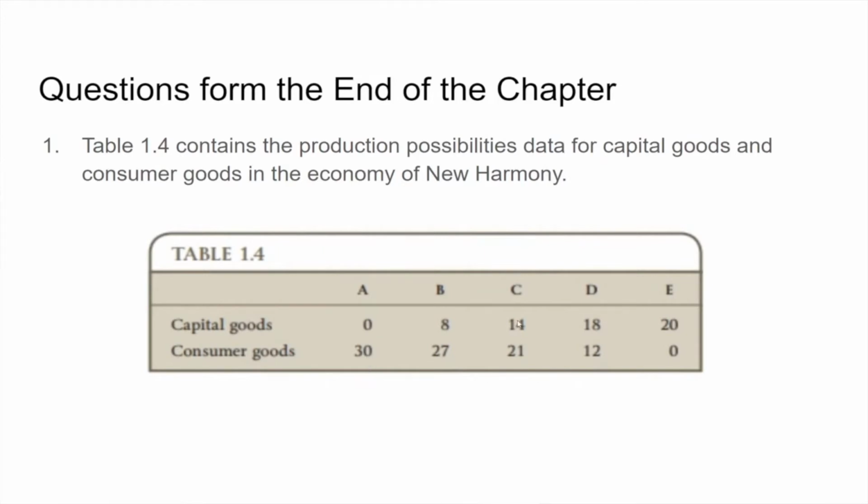So if we didn't make any capital goods, we can make 30 consumer goods. If we make 14 capital goods, we can only make 21 consumer goods. In other words, in order to make 14 capital goods, we have to give up 9 consumer goods. The number of consumer goods dropped by 9 in order to cause the capital goods to go to 14. See how we concluded that?